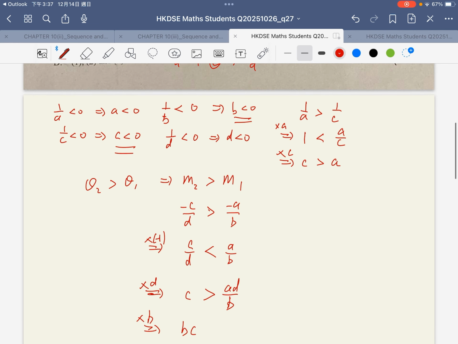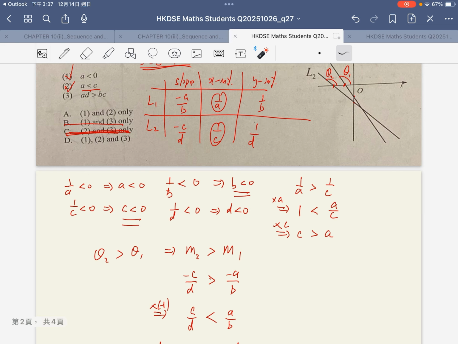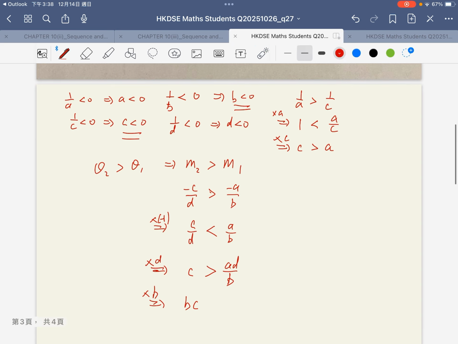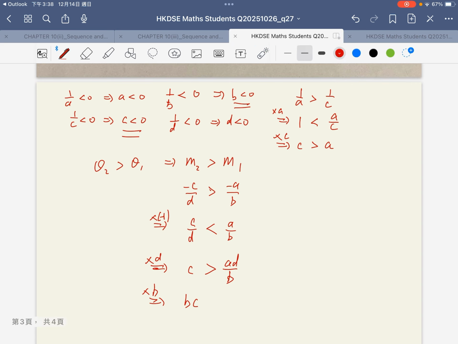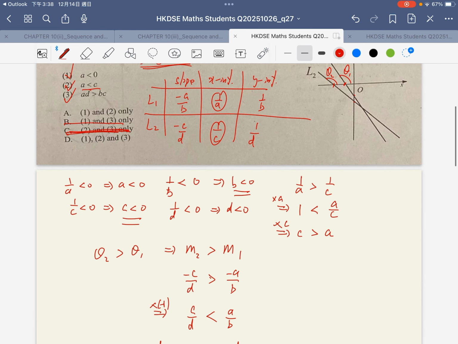That is why I have mentioned that we first have to decide the sign of A, B, C, D. For all the characters you have to decide which one is positive, which one is negative. Otherwise, you cannot finish this kind of problem easily. Okay, change the sign. BC is smaller than AD, oh, this is also correct. Therefore, the final answer is D.